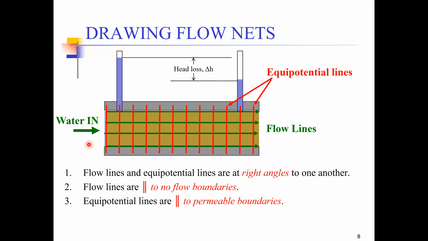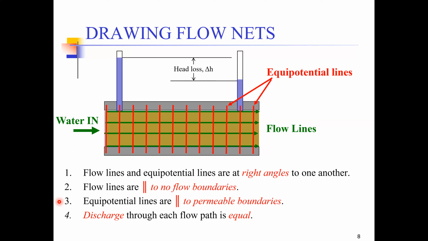These permeable boundaries are the ones from where the water can either go inside or move outside. So the point is that equipotential lines are always parallel to the permeable boundaries, as you can observe here.